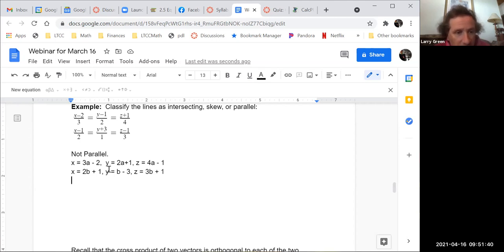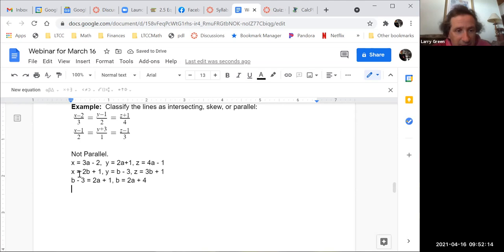Now if y equals 2a plus 1 and y equals b minus 3, then b minus 3 is equal to 2a plus 1, or b is equal to 2a plus 4. Any questions on that?